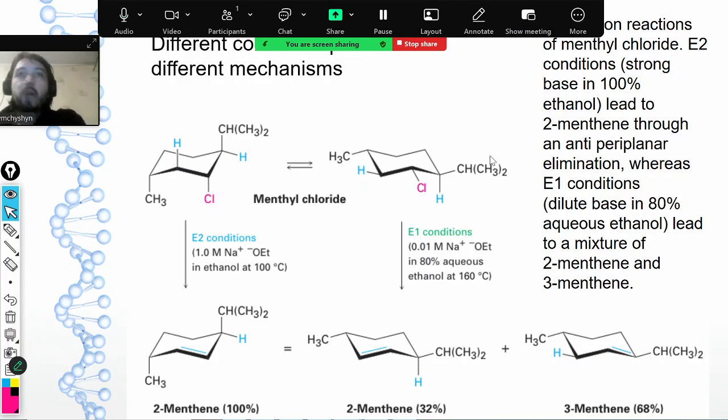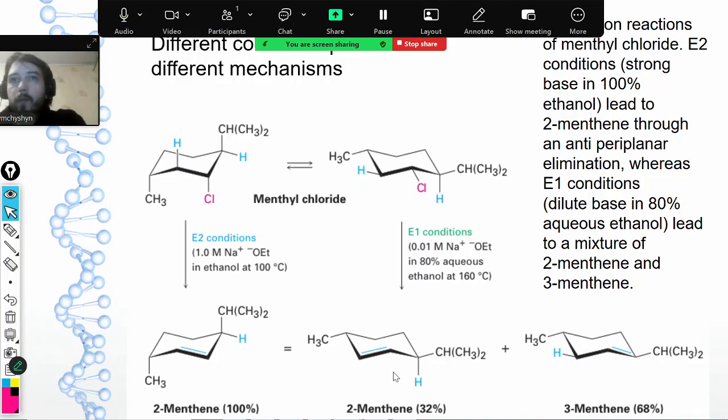So different mechanisms may lead to different results of the reaction. So here are E2 conditions. We can eliminate only these hydrogens, and only in the case when they are axial with the chlorine. So here's what you get, that's 2-menthene.